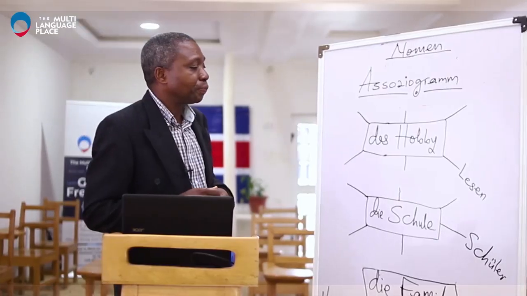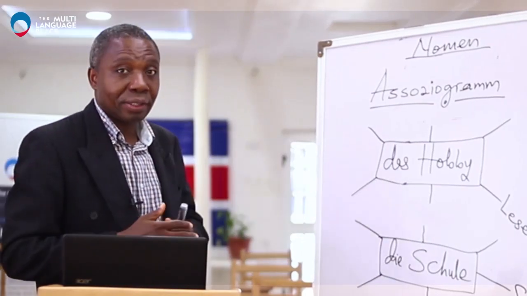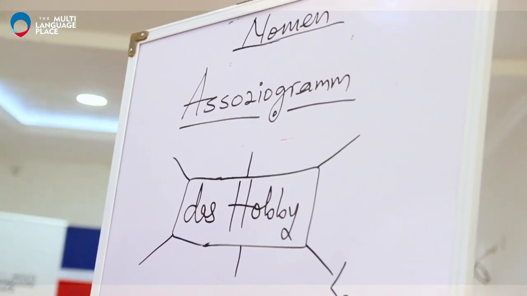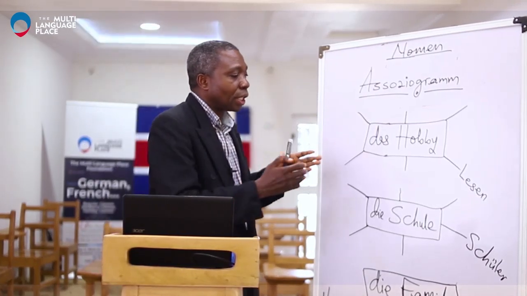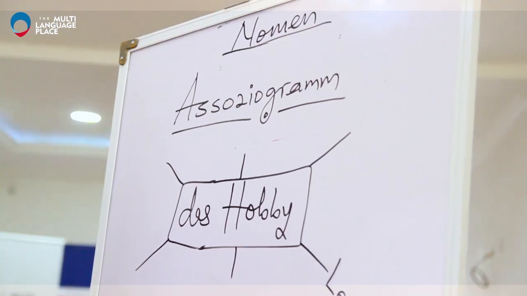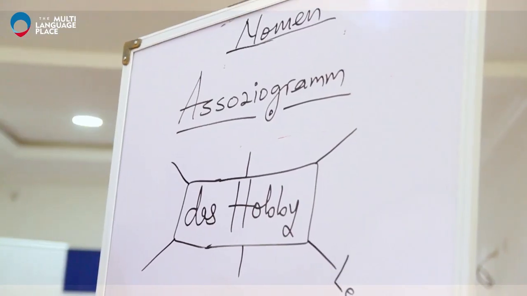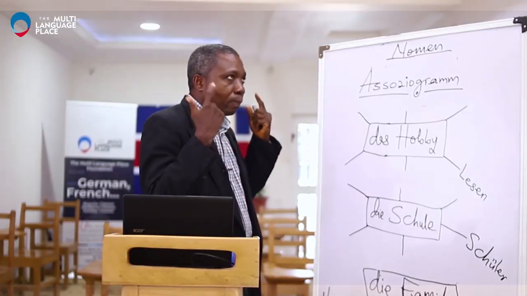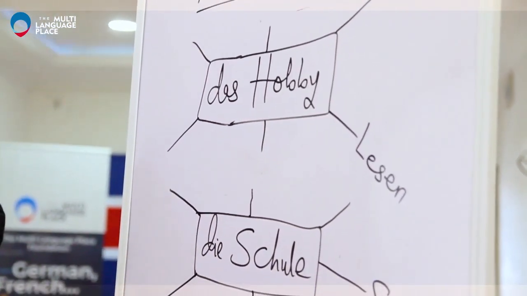Here is an example. We have just hobby. You remember that word? We talked about it during the last lesson. When I hear the word hobby, what comes to my mind? What do I think of? That is the association. I have one example there, lesen.